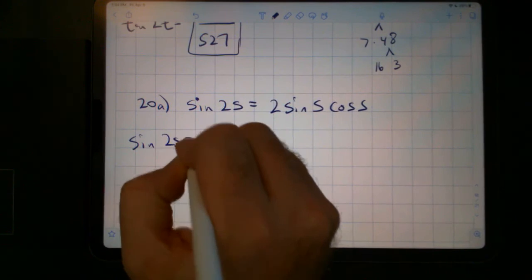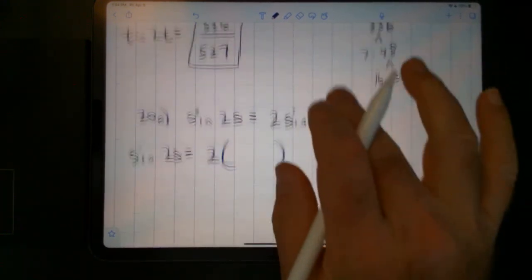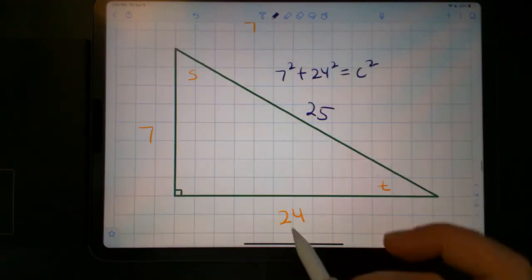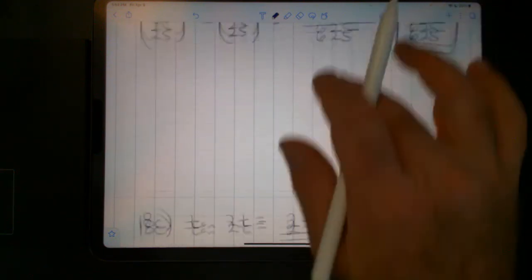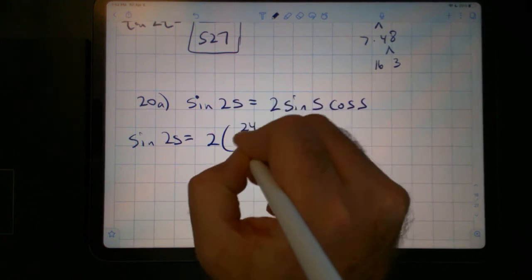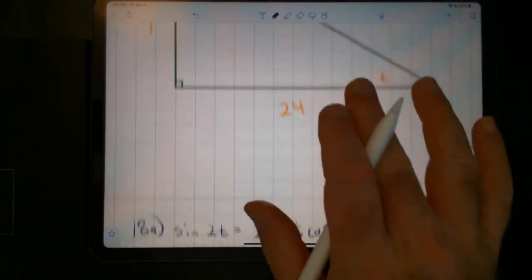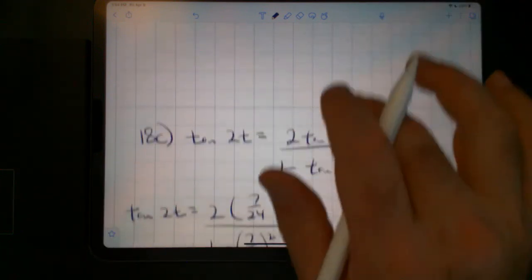So sine of 2s is going to be 2 times, what is sine of s? So we go up to the s angle. Sine is opposite over hypotenuse, 24 over 25. And cosine of s, cosine is adjacent over hypotenuse.